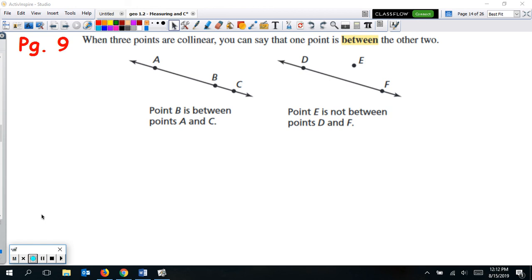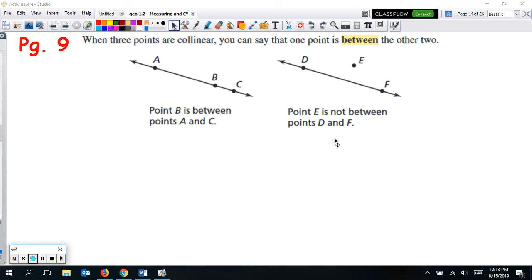Okay, so back on page 9 with our vocabulary, we have the word between. I know that one seems like you know what between means, so you don't need to put too much down here. You might want to just draw a line and show that point B is between points A and C. On the other example, point E is not between D and F because it's not on the line.